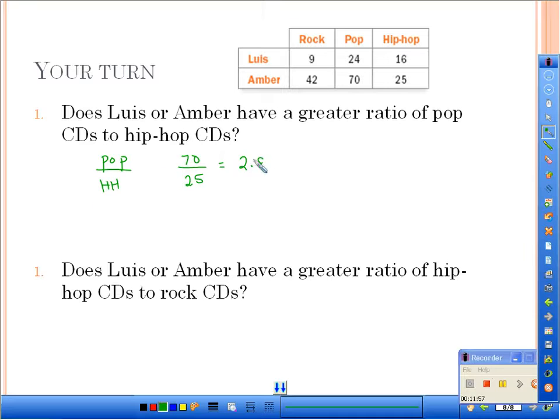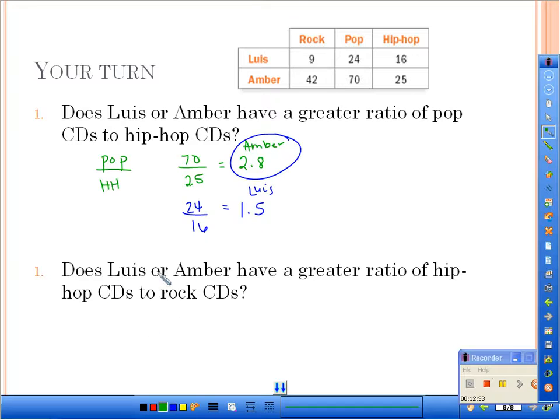And that's for Amber. I'll put Amber right here. Okay, and we'll do Luis in a different color. He has 24 pop CDs and 16 hip hop CDs. This converts to 1.5. So Amber has the greater ratio of pop CDs to hip hop CDs.